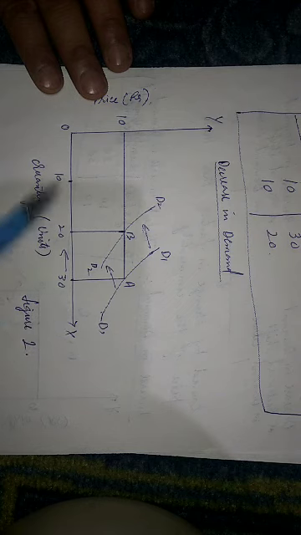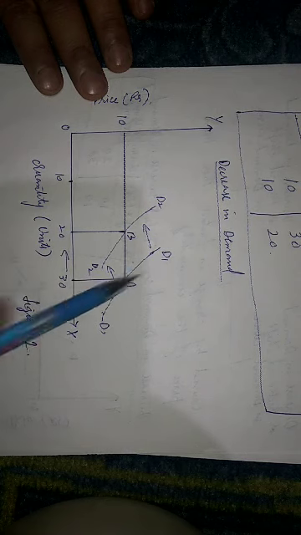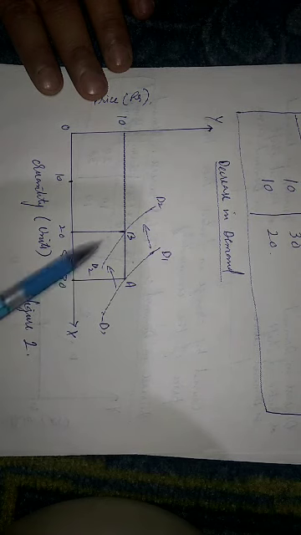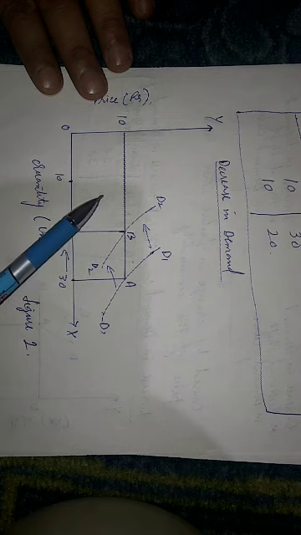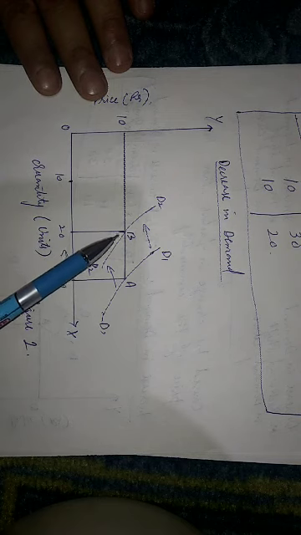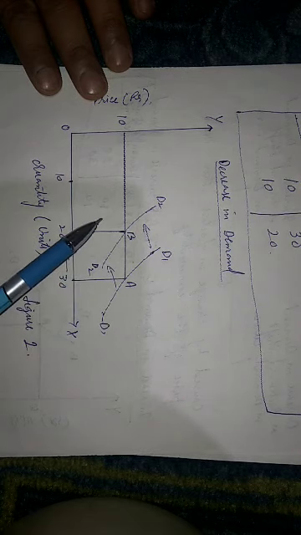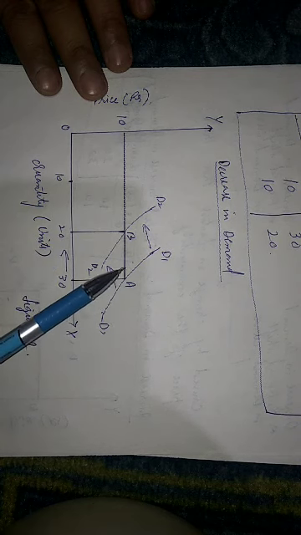So there is a backward shift in the demand curve, from D1 to D2. We can say the decrease in demand is indicated by a shift in the demand curve to the left, which is also called a backward shift in the demand curve.